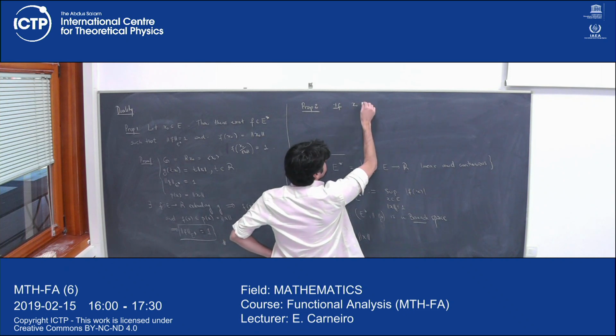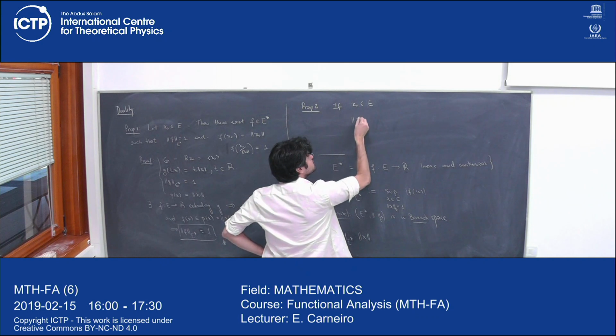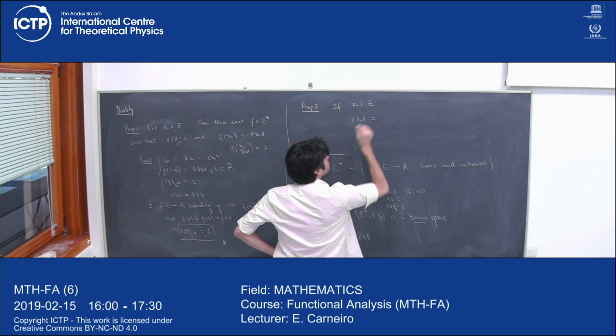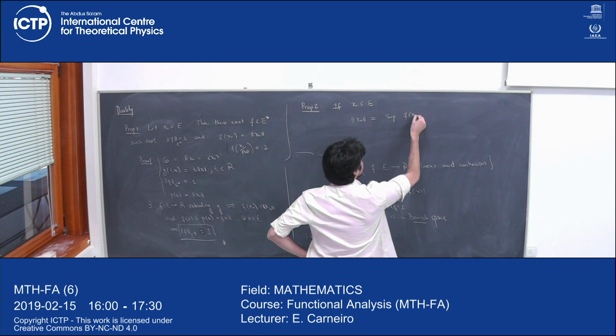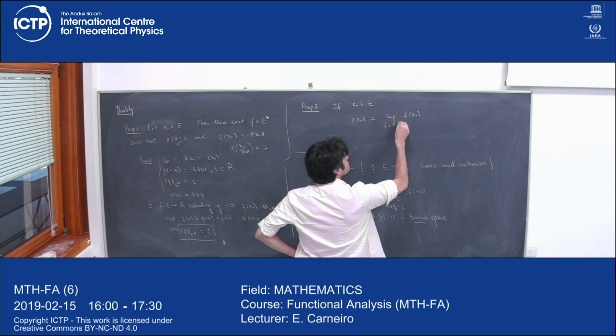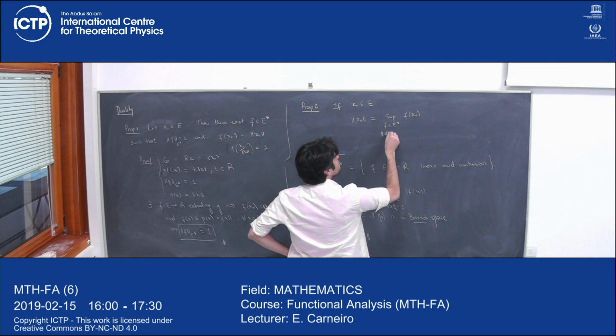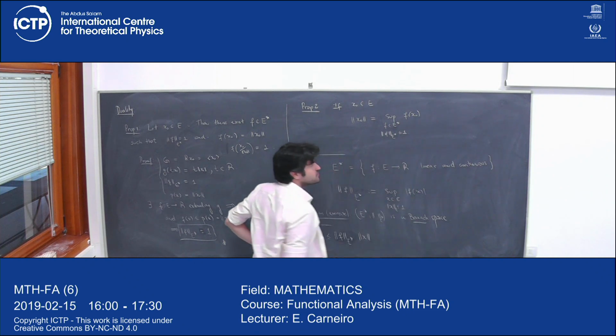So if x0 belongs to E, I want to say that the norm of x0 is actually equal to the supremum of f of x0 over all f's in the dual such that the norm of f in the dual is less than or equal to 1.